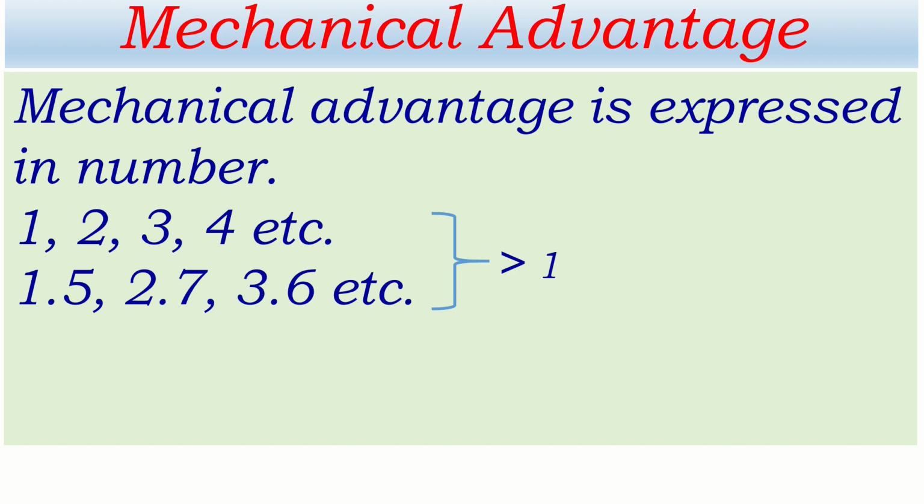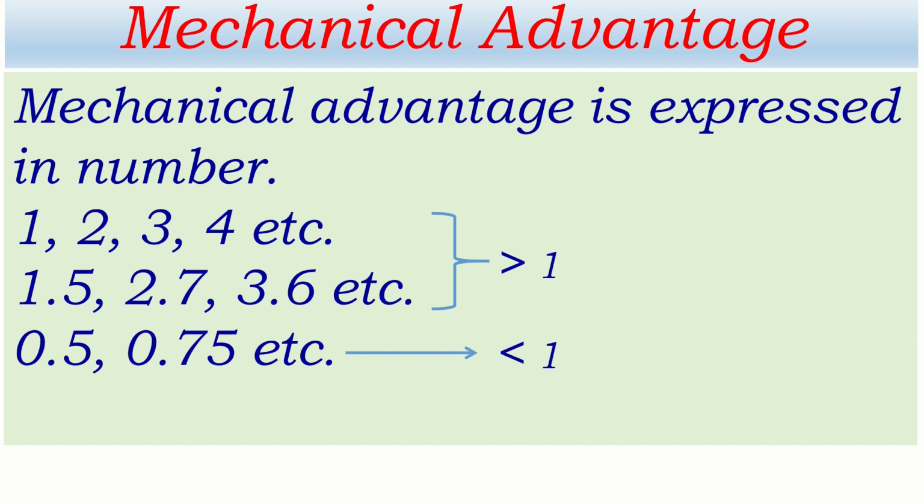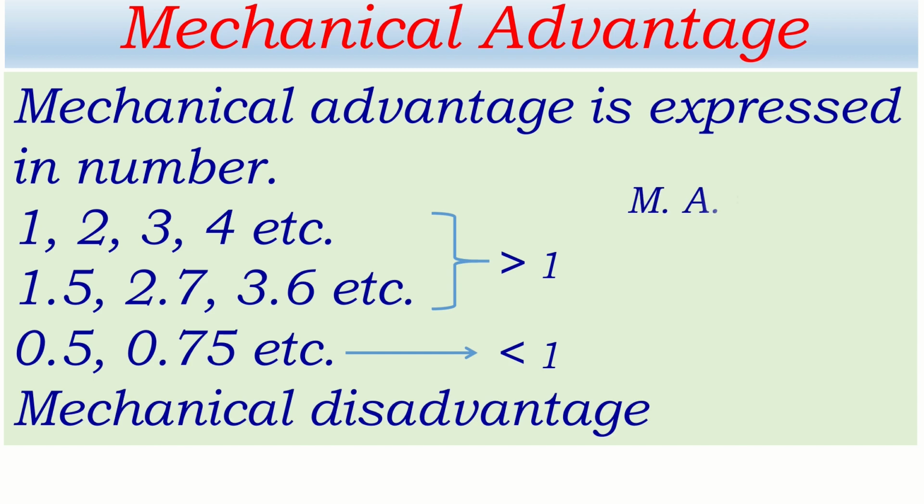But sometimes mechanical advantage may be less than 1. It may be 0.5, 0.75, etc. Exactly at this time we have no mechanical advantage. I mean to say, if it comes as a point number, then we can say that we have mechanical disadvantage when it is less than 1. We can see the same equation, MA equals load by effort.